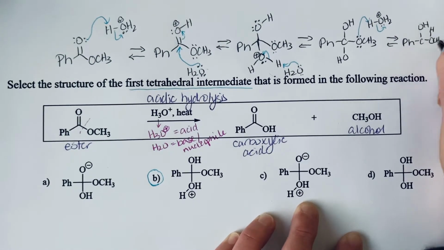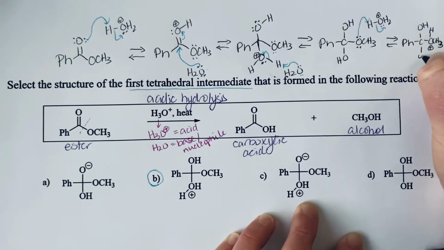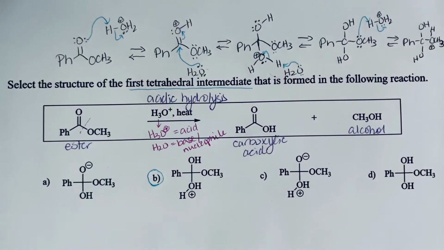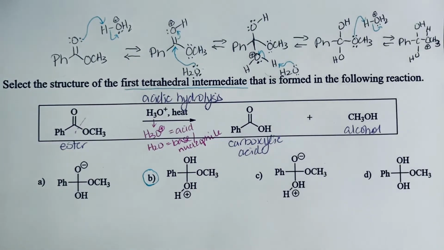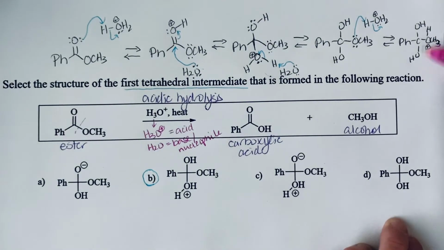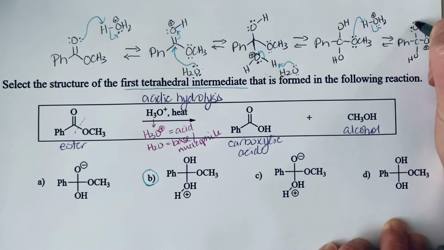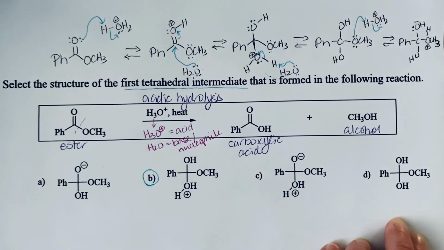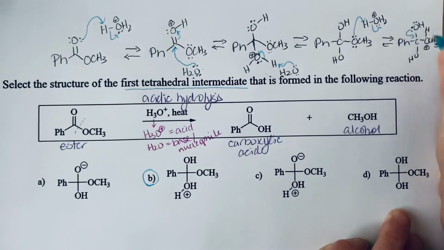Now being protonated, it can leave as a neutral molecule. So we can use either one of these oxygen's electrons to push down. I'm going to go from the top oxygen, but it doesn't actually matter. And so we can bring these electrons down to reform the pi bond and push off that leaving group.